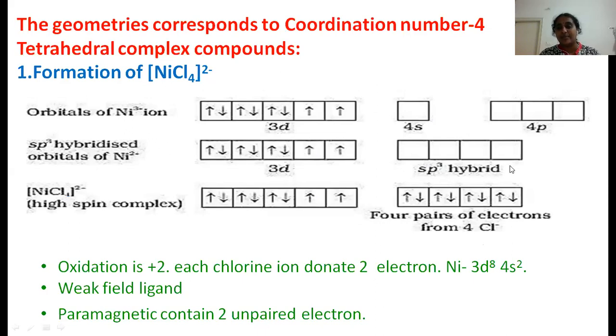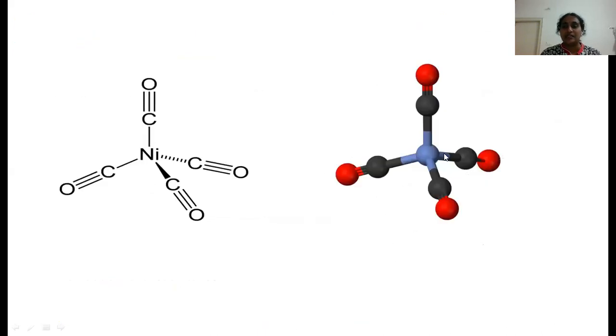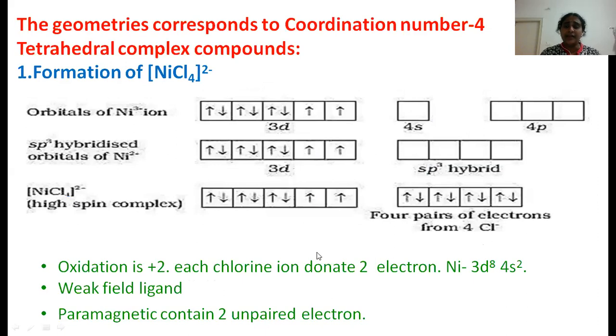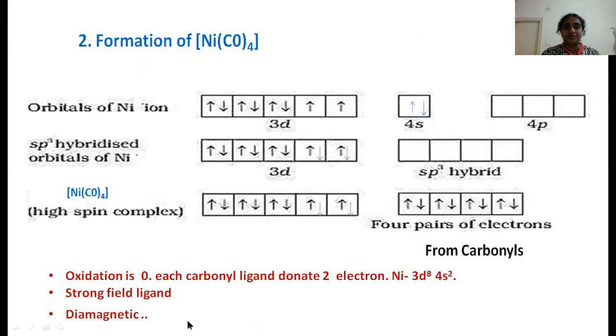For sp3 hybridization, the geometry is tetrahedral. So the tetrahedral geometry looks like this, with nickel here and 4 chlorines. So this is the geometry of nickel tetrachloride. And in this complex, a total of 2 single electrons are present. Hence, this complex is a paramagnetic complex.